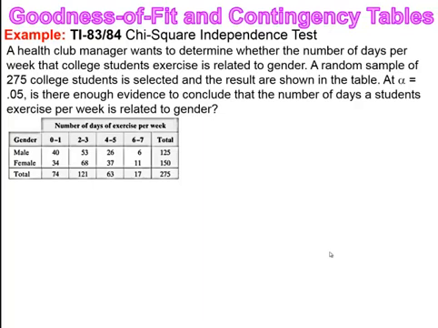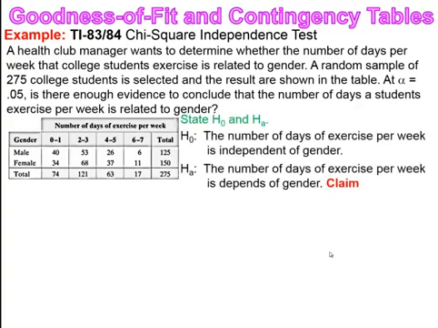At a level of significance of 0.05, or alpha equals 0.05, is there enough evidence to conclude that the number of days a student exercises per week is related to gender? So the first thing I'm going to do is state the null and the alternative. So the null is the number of days exercised per week is independent of gender.